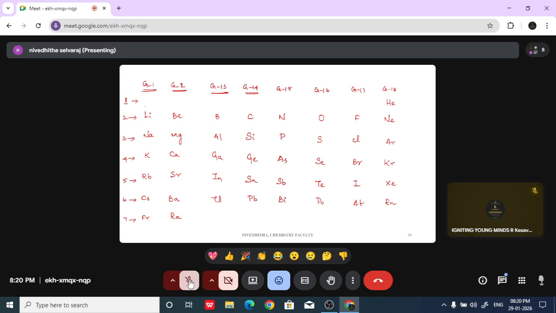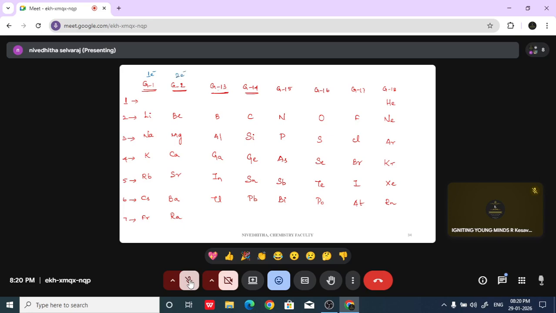See, the elements present in group 1 will have only one electron in their valence shell. So you need not write the electronic configuration. If you know that the element is present in the first group, then obviously that element will have 1 electron in its valence shell. The elements present in the second group will have 2 electrons in their valence shell.